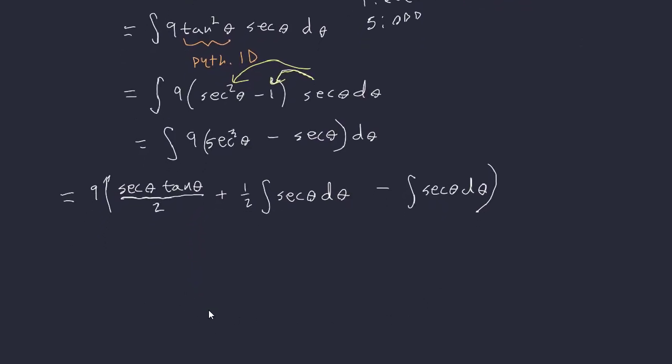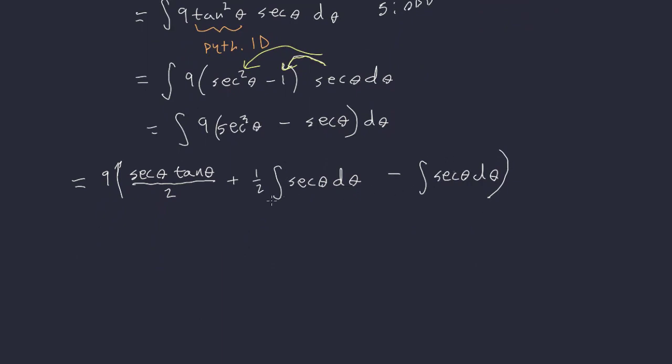Okay. Now the reason I did this is now I have a half of this integral minus that, so I could say that this is 9 times all this, secant theta tangent theta over 2. A half minus a whole is minus a half. Okay.